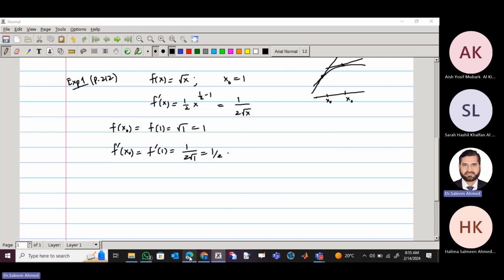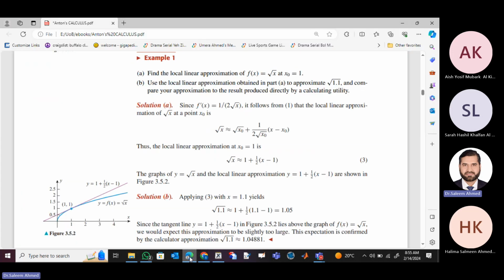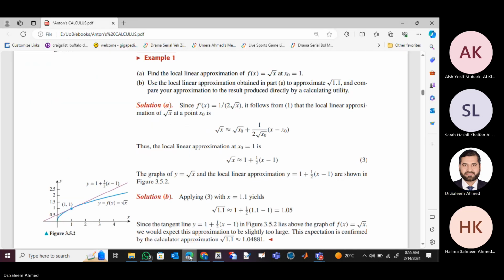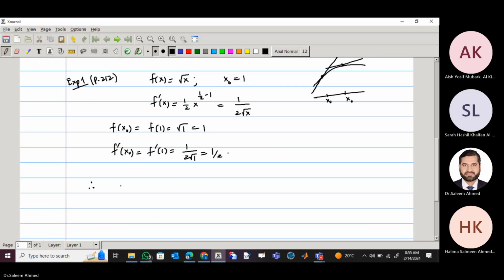So therefore, the local linear approximation for square root of x: f(x) is approximated by f(x naught) plus f prime(x naught) times (x minus x naught). So I can replace the values.